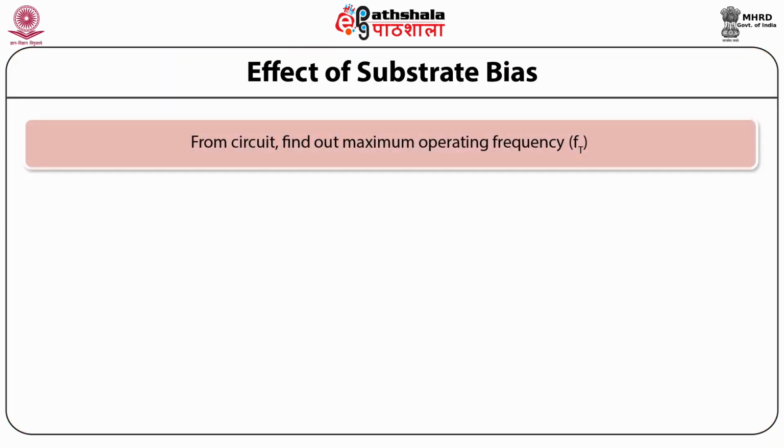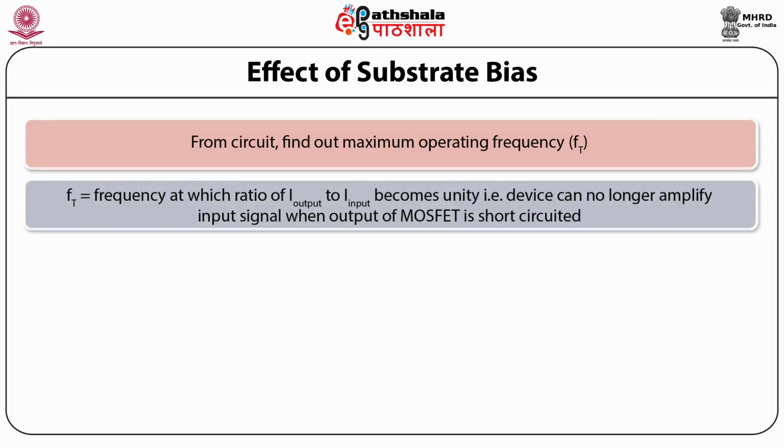Now, from this frequency equivalent circuit, we get that the Ft is the frequency at which the ratio of I output to I input becomes unity. That is, the device can no longer amplify the input signal when output of MOSFET is short circuited. So this is known as the operating frequency. Our aim is to find out this frequency.